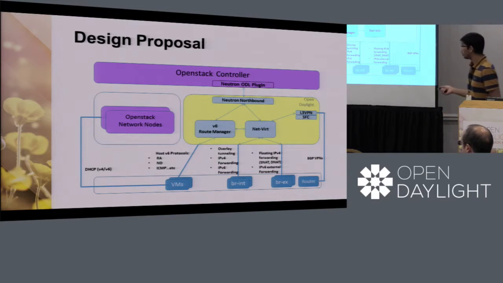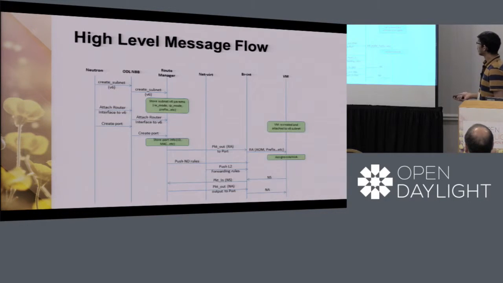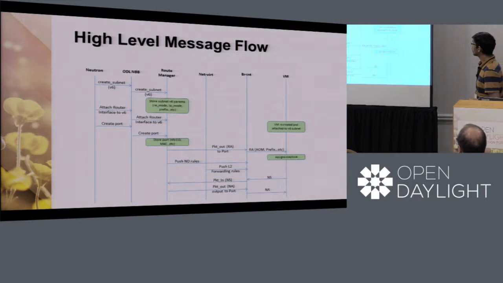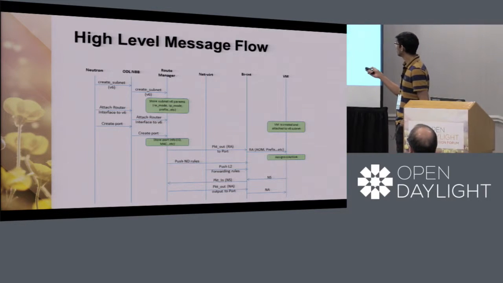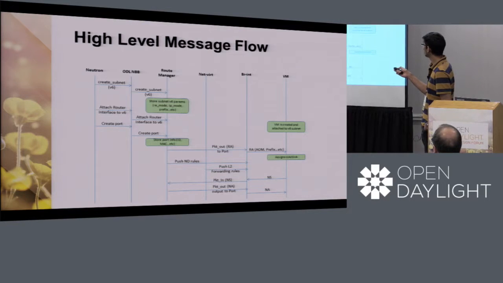And L3 VPN continues with the BGP VPNs. At a high level, the message flow is like this: the route manager comes in between, in addition to the network interacting with the Neutron northbound.